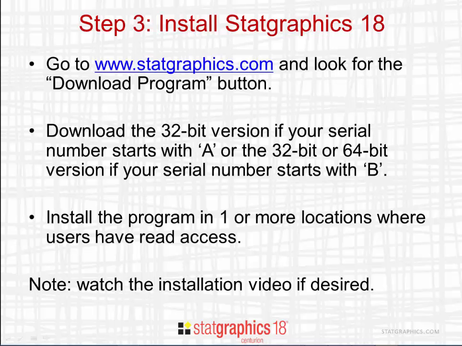Then install the program you downloaded in one or more locations where users have read access to it. This does not have to be the same location where the license files have been placed. If you'd like more information about installation, watch the installation video.